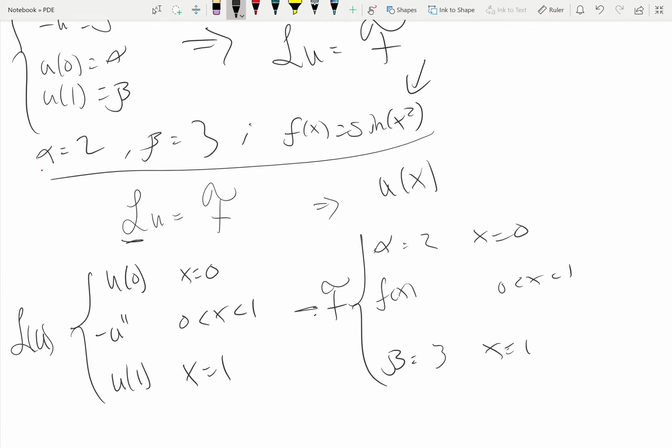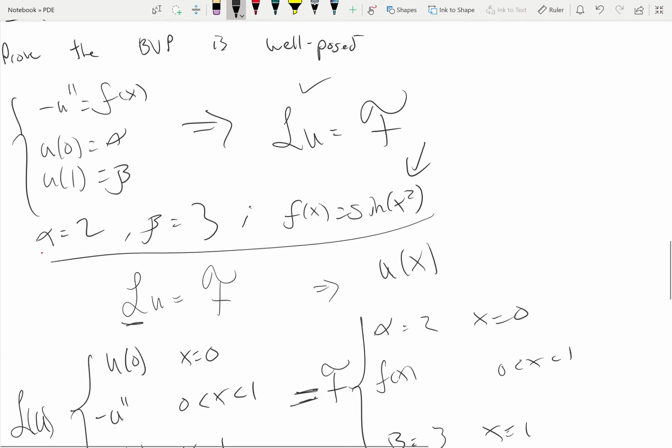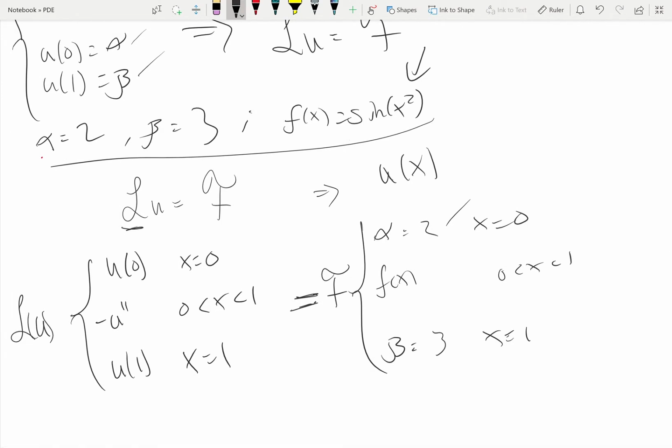Alright. Now, on the right hand side, we have alpha and beta, right? For when x is equal to 0 and when x is equal to 1. And then we have f of x. But I'm going to rewrite this by the given as sine x squared.